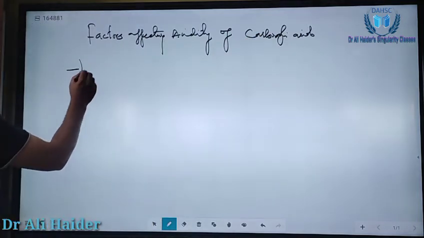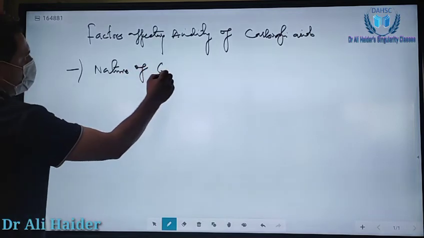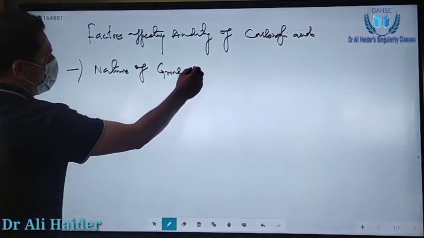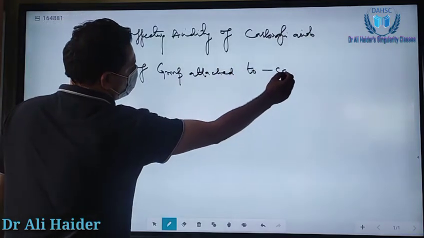Number one is the nature of group attached to the COOH group.